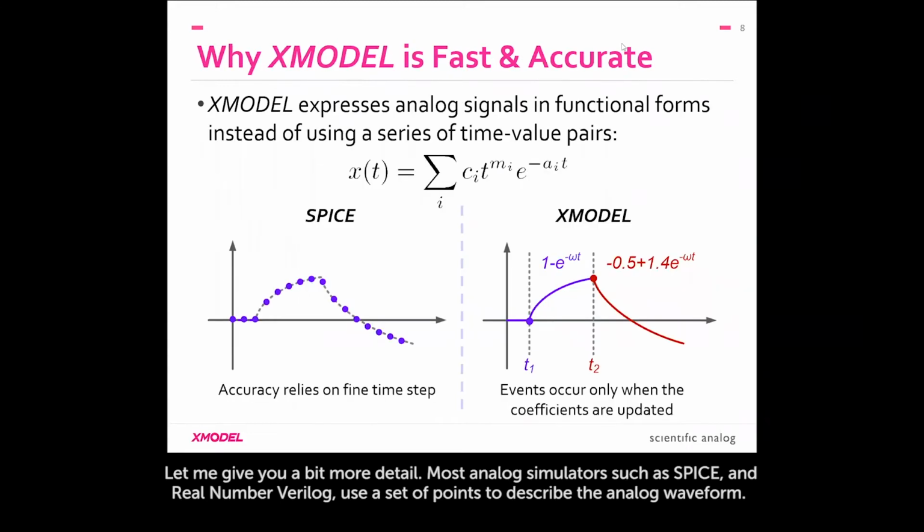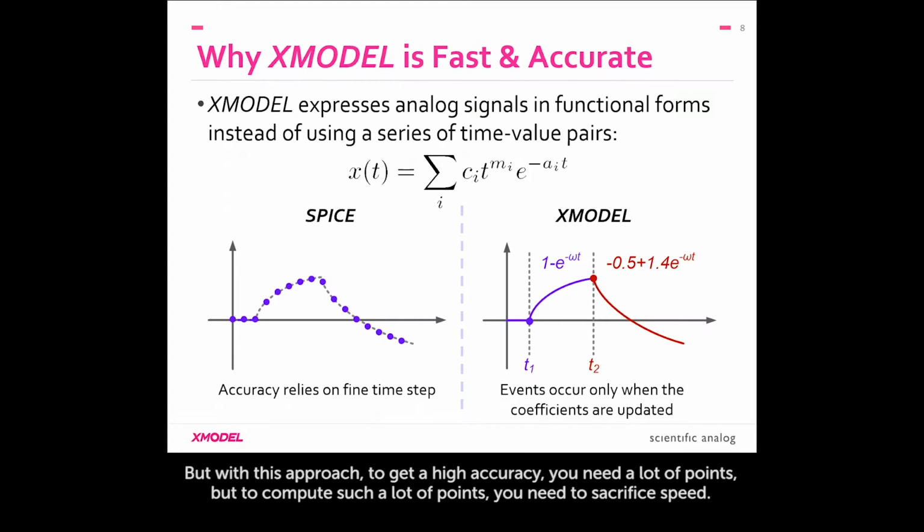Let me give you a bit more detail. Most analog simulators such as SPICE and real number Verilog use a set of points to describe the analog waveform. But with this approach, to get high accuracy, you need a lot of points. But to compute such a lot of points, you need to sacrifice speed.